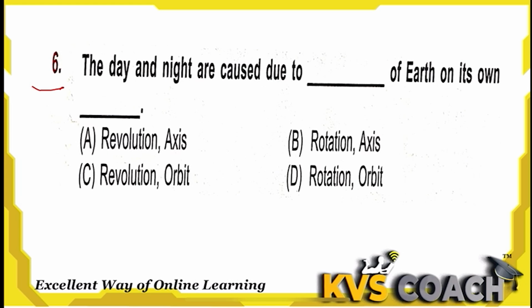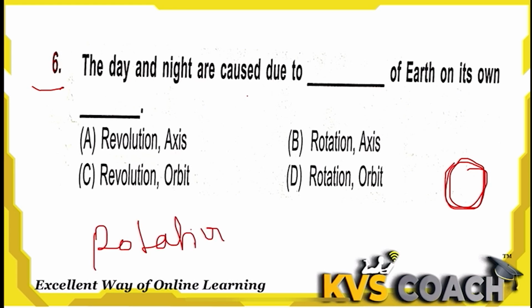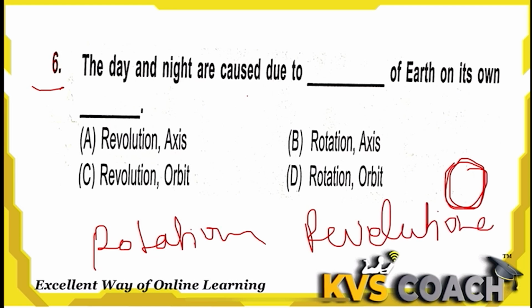Question 6, the day and night are caused due to dash of earth on its own dash. I already told you, the earth shows two movements. One is rotation and the other one is revolution. When the earth rotates, day and night are caused.